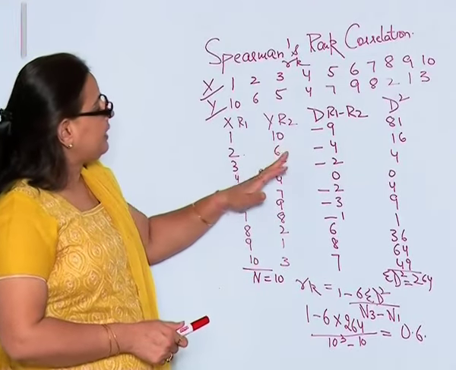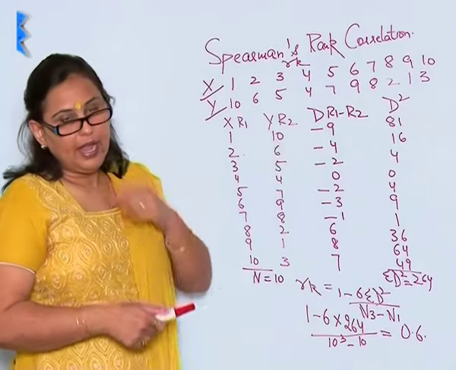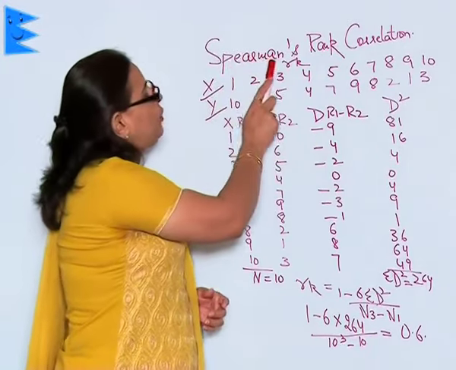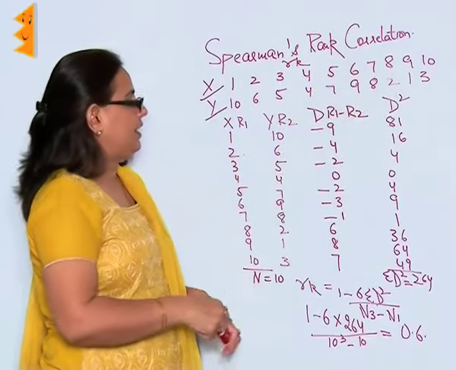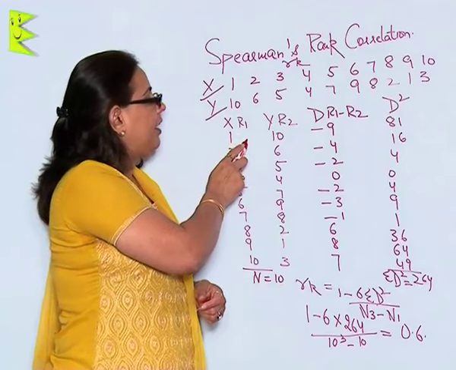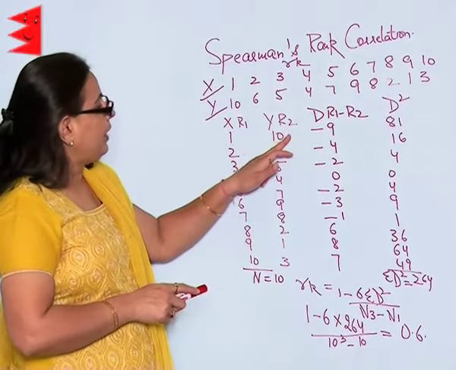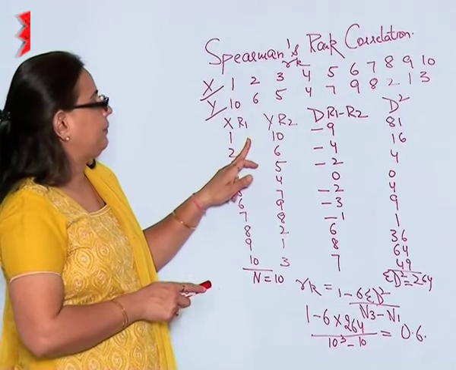Well, in this method, I will have to first of all take out the deviation, and the deviation according to Spearman's rank correlation is taken out by subtracting R1 and R2. That is, R2 is subtracted by R1.